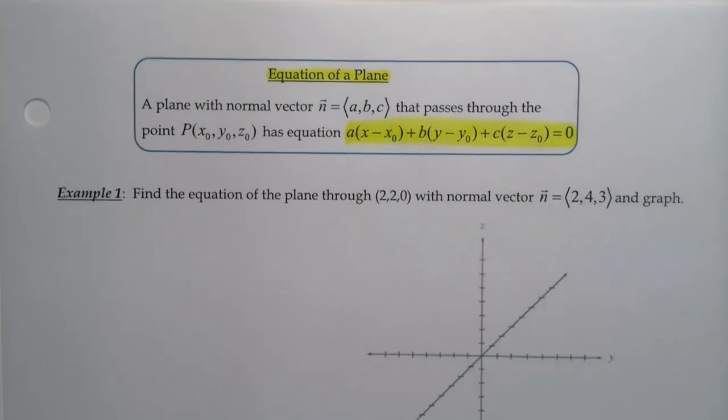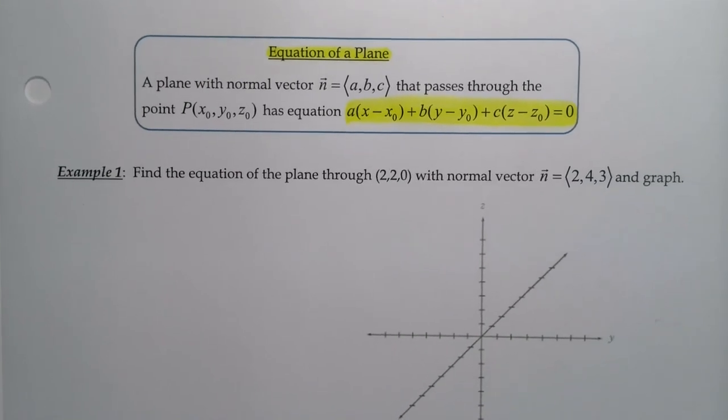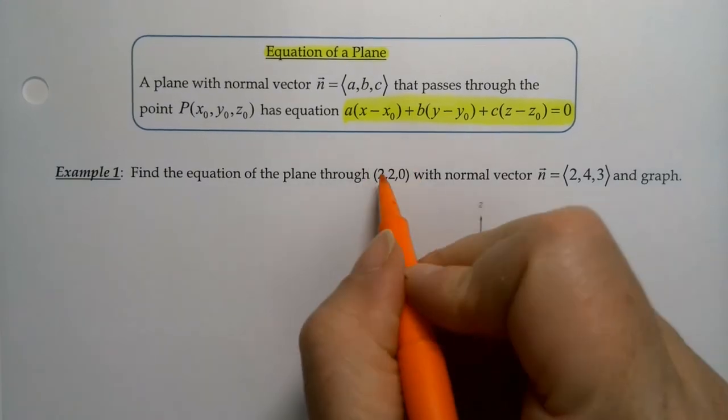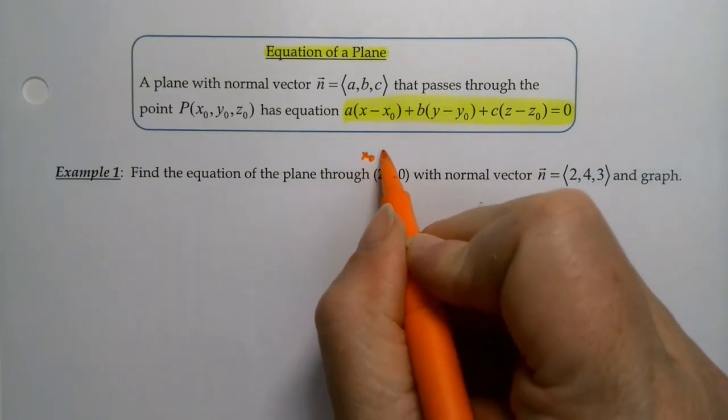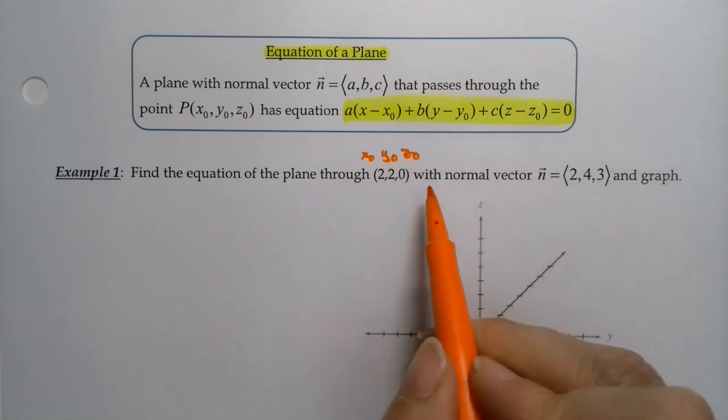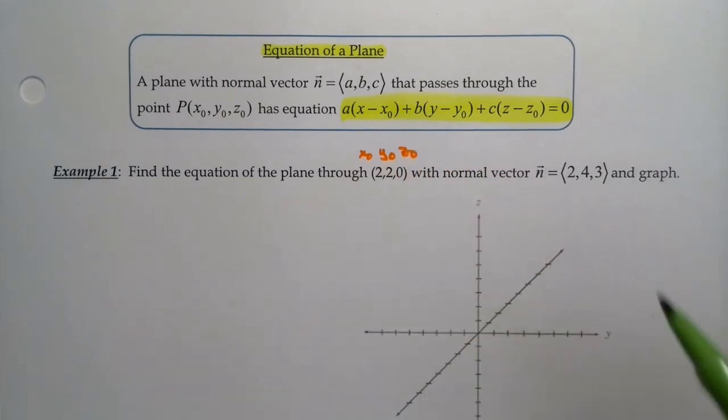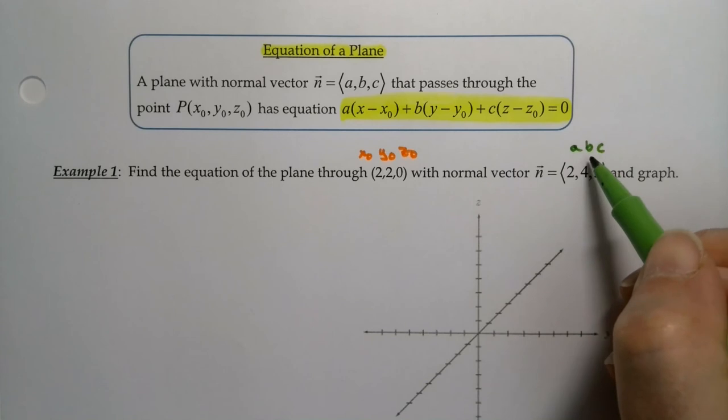All right, so let's put this into practice. We want to find the equation of a plane through the point 2, 2, 0 with a normal vector n, which is 2, 4, 3. Well, this is easy because they gave us x0, y0, z0 right here, and then they gave us a normal vector, which is a, b, c right here.